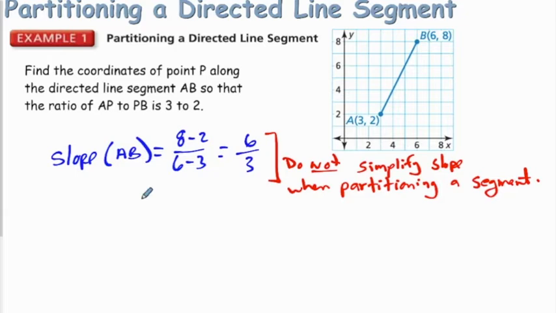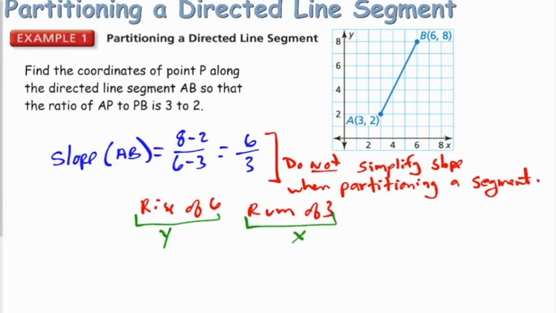So from this, we see that we have a rise of 6 and a run of 3. And remember, rise goes to the y-axis and run goes to the x-axis.